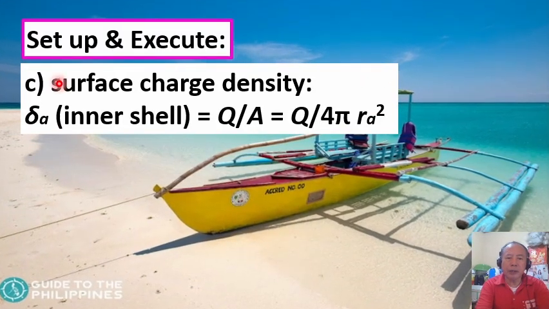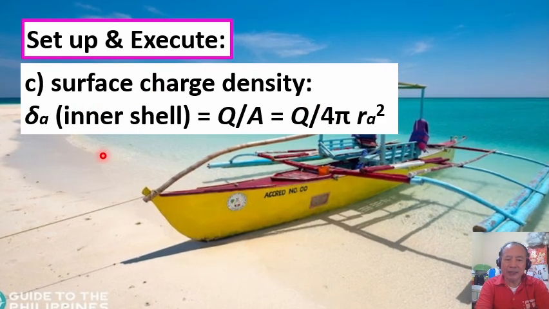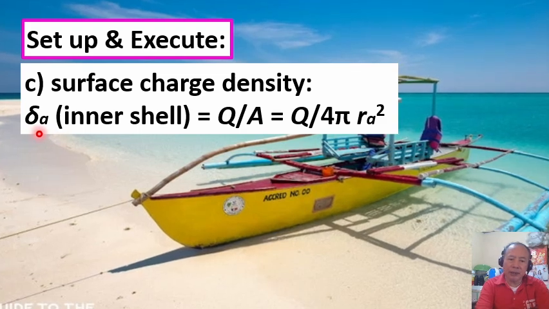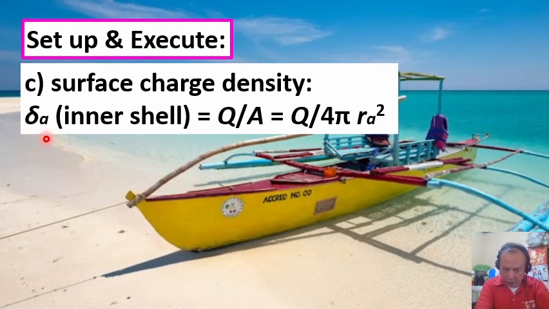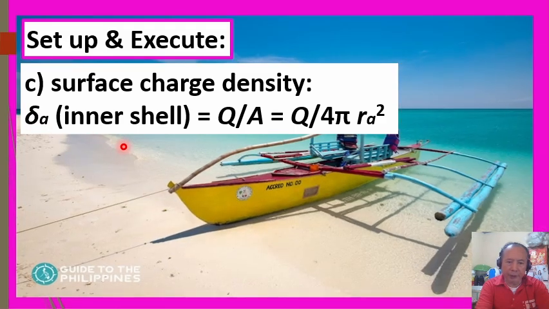In part C, computing the surface charge density in the inner shell, that is denoted by small letter delta, all right?